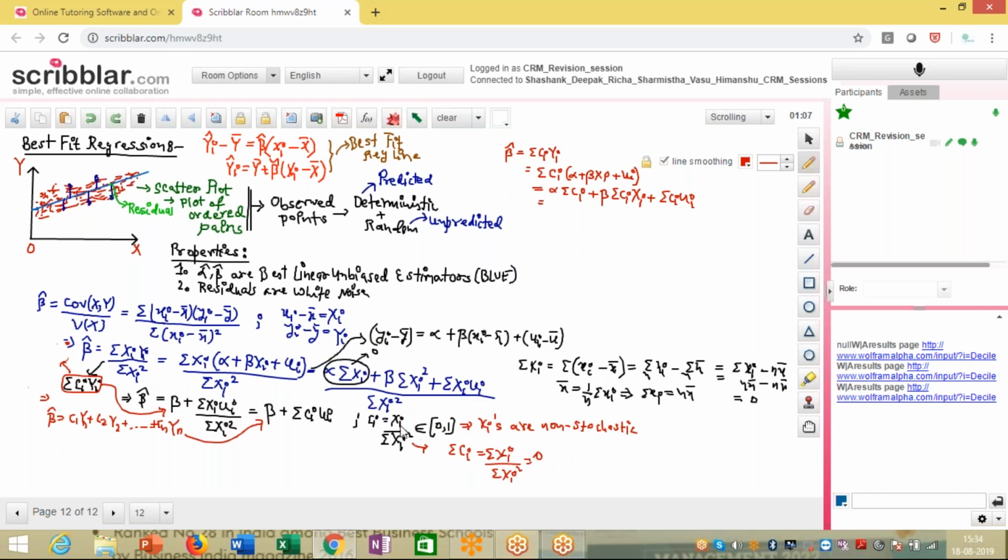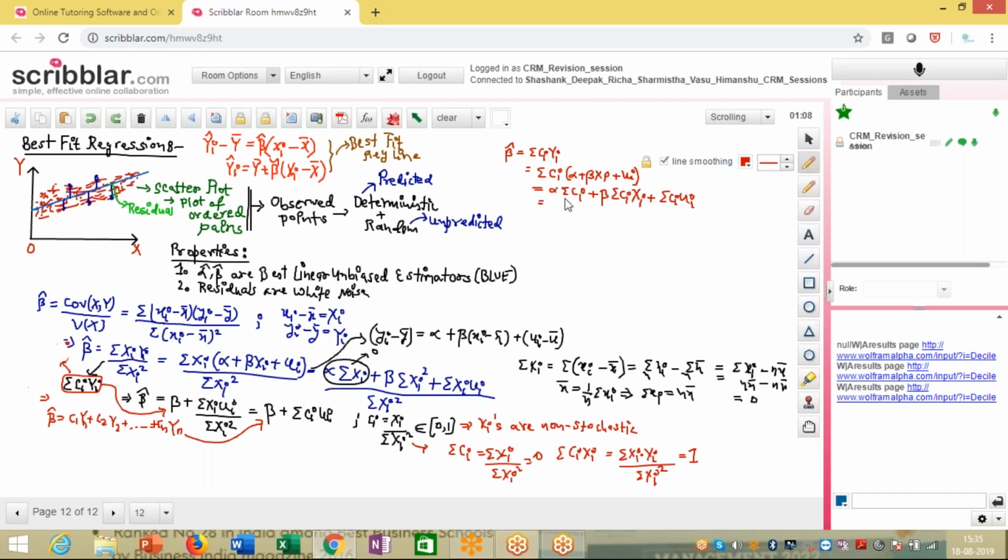Similarly, summation Ci xi will be what? The summation xi into xi divided by summation xi square. So this will be 1.